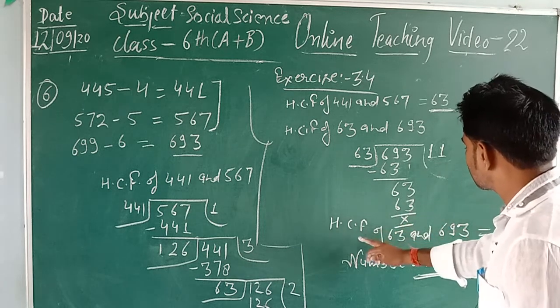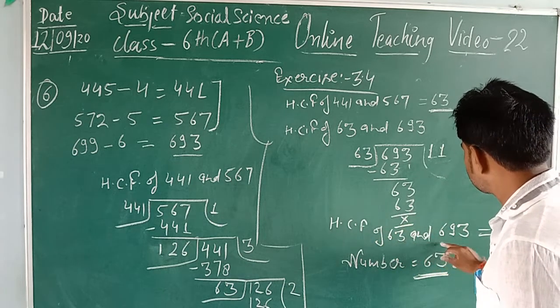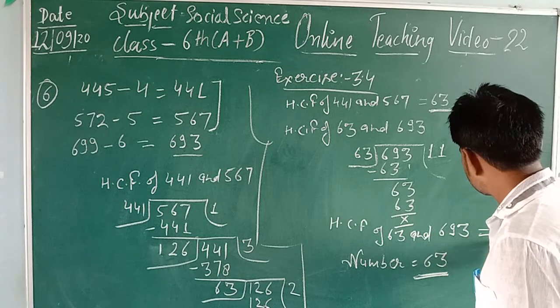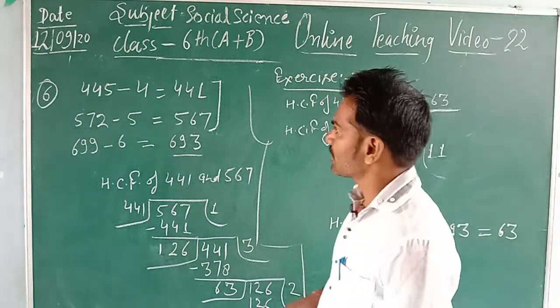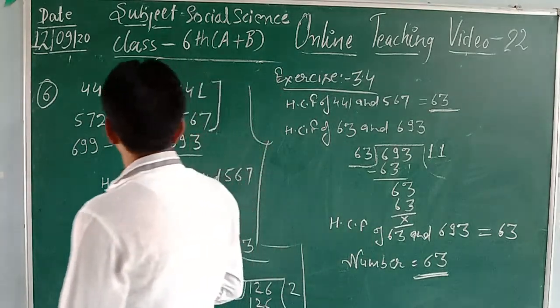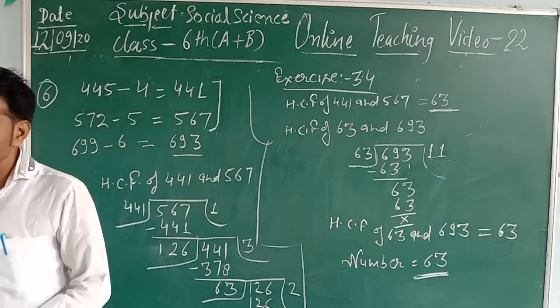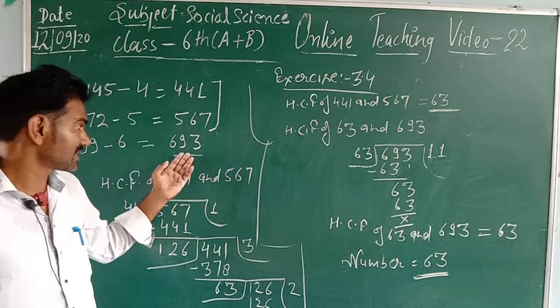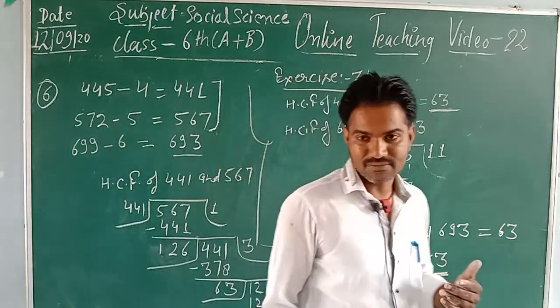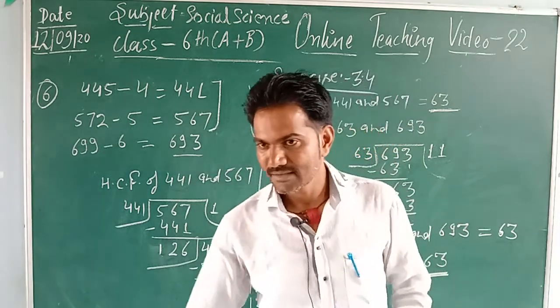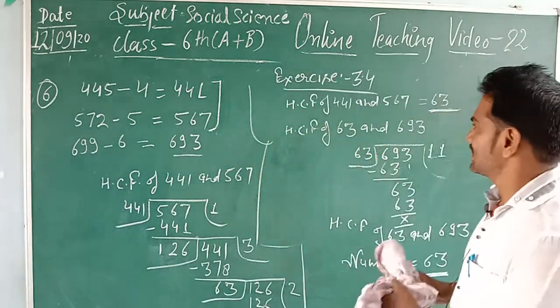So the HCF of 63 and 693 is 63, and 63 is the HCF of 441, 567 and 693. The answer is 63. Now we will discuss the next question.